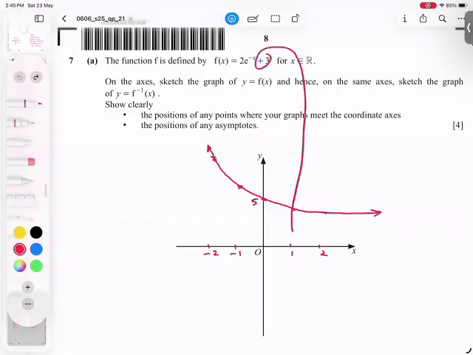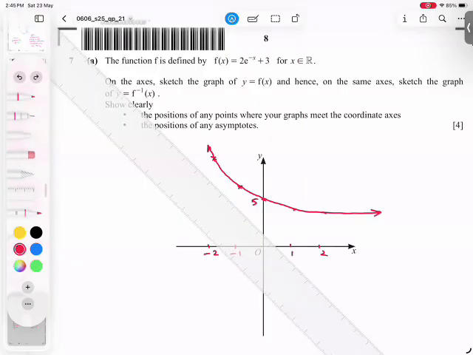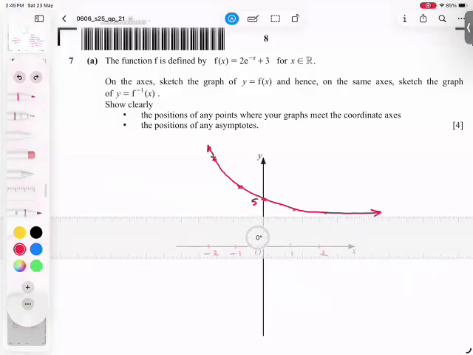This number is the asymptote. It means I will make an asymptote. Okay, this is clear.